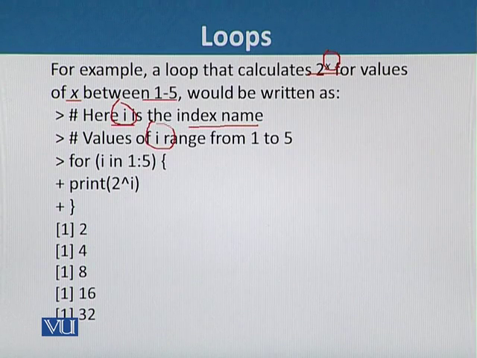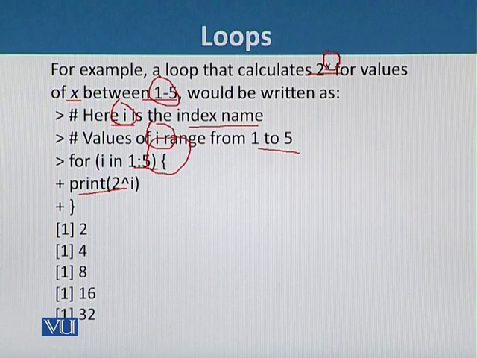The value of i ranges from 1 to 5, so we write for i in 1 to 5, then the curly bracket starts here. It means this is the start of the for loop. Then print 2 raised to power i, and then the curly bracket ends.